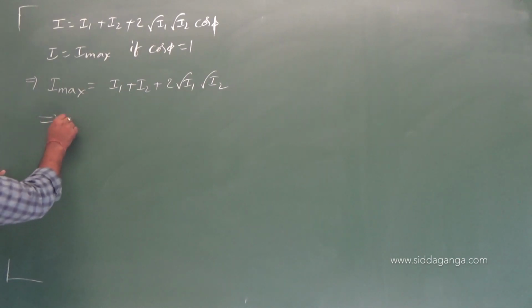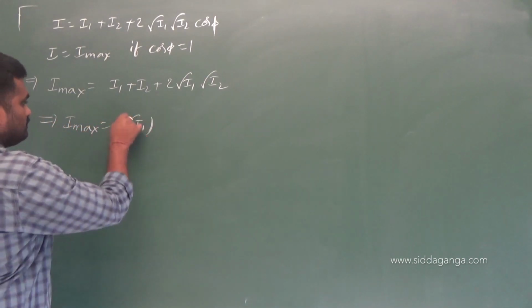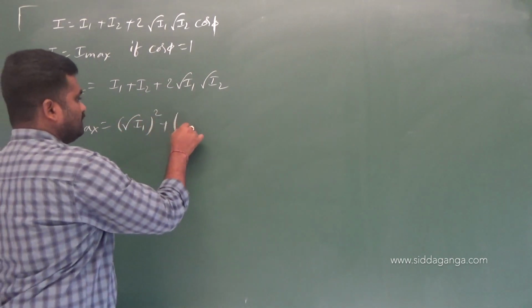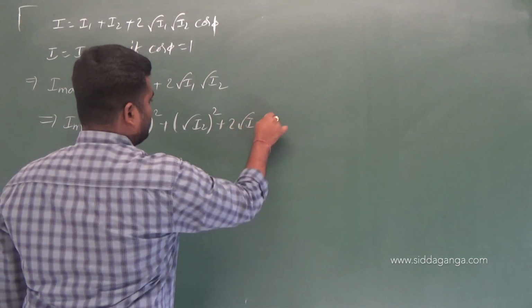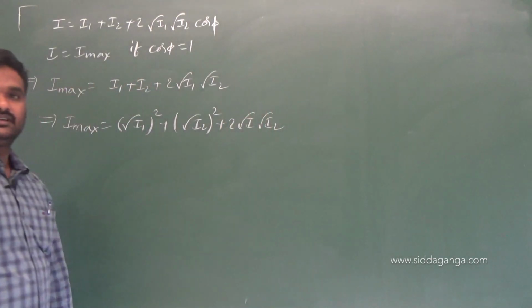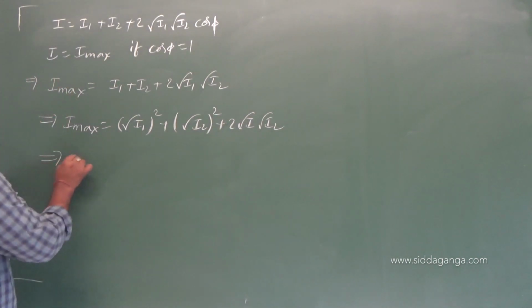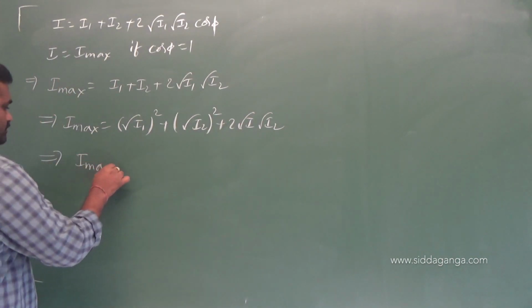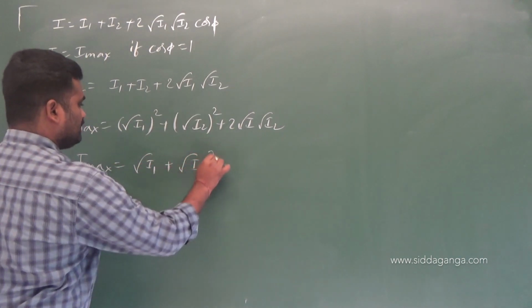Or rewriting this relation mathematically, this is root I1 whole square plus root I2 whole square plus 2 root I1 into root I2. It's like the A square plus B square plus 2AB form. So I maximum equals root I1 plus root I2 whole square.